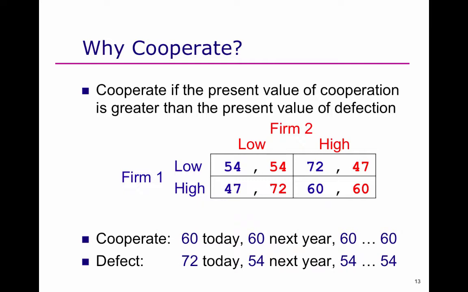If cooperation occurs, I earn 60 today, I earn 60 the next year, and so on, all the way to the end. Defection, somebody earns 72 now, and 54 next year, and 54 beyond that. This would be sort of the Grim trigger result, if the other decided to never cooperate again.